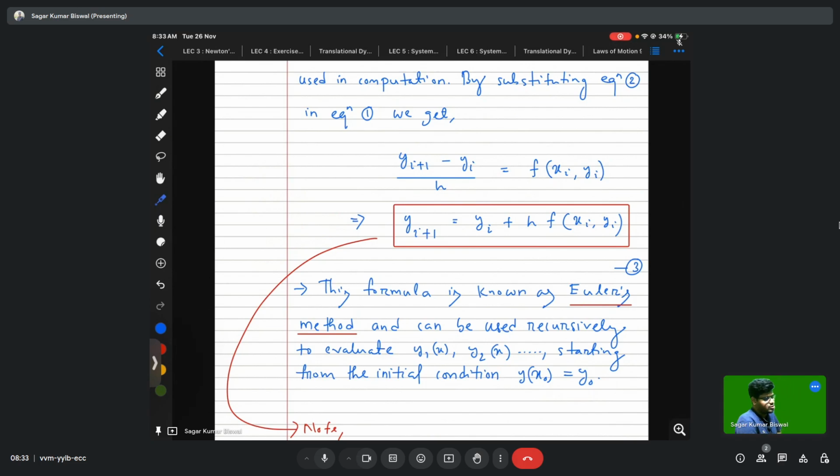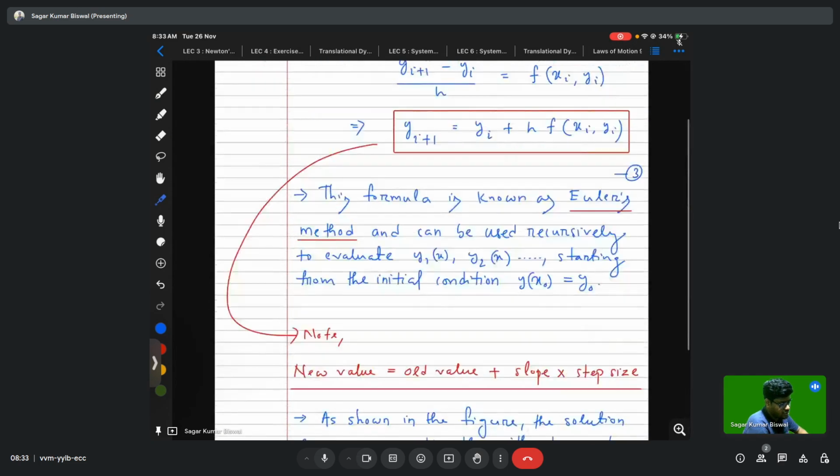So this Euler's formula can be used recursively. If you know the value y0, then you can use it recursively to find y1, y2, y3 and so on up to the desired point, right?